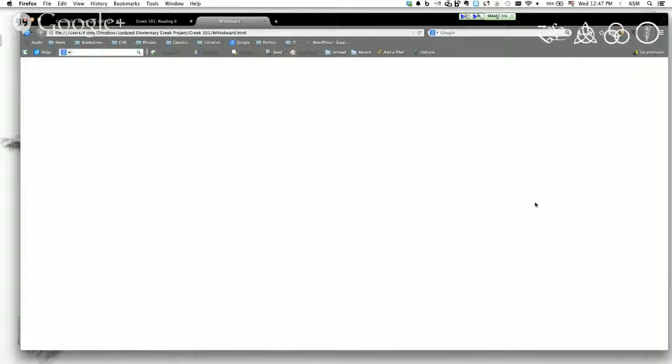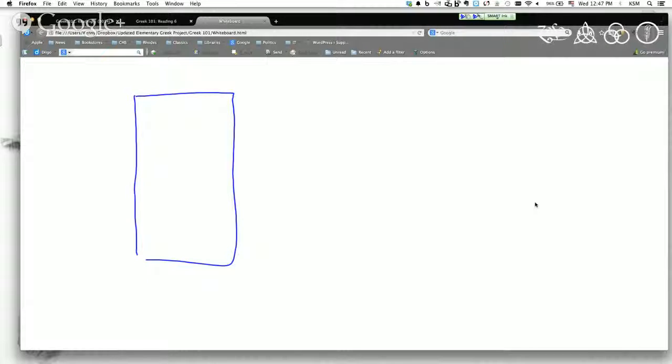So here we're going to make a little thing. How many cases are there? Four: nominative, genitive, dative, and accusative.